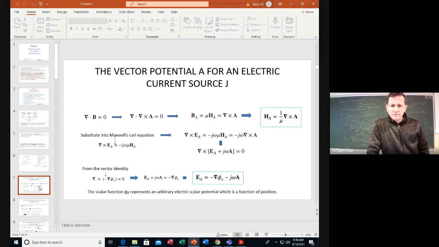This is related through the properties of the medium, which would be the mu. B is equal to mu times H, and this is again equal to the curl of A, so we get the relationship which states that the magnetic field intensity is equal to the curl of A divided by the permeability.